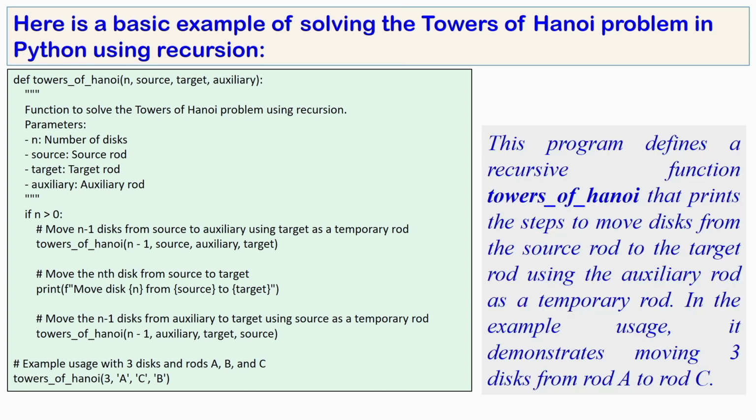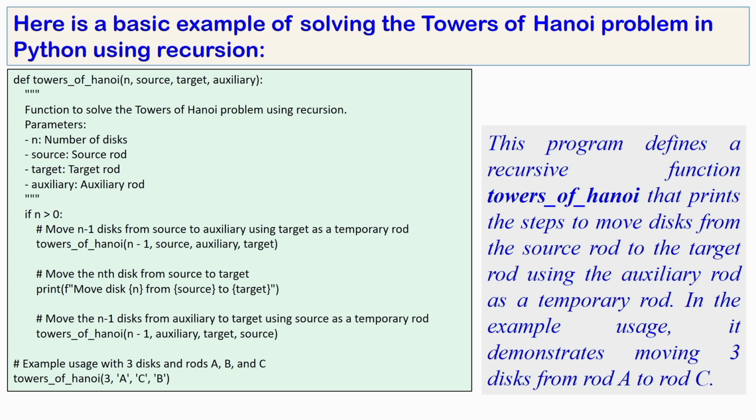So the program defines a recursive function Towers of Hanoi that prints the steps to move disks from the source rod to the target rod using the auxiliary rod as a temporary rod. In the example usage, it demonstrates moving three disks from rod A to rod C. This Python code presents a simple solution to the Towers of Hanoi problem using recursion.